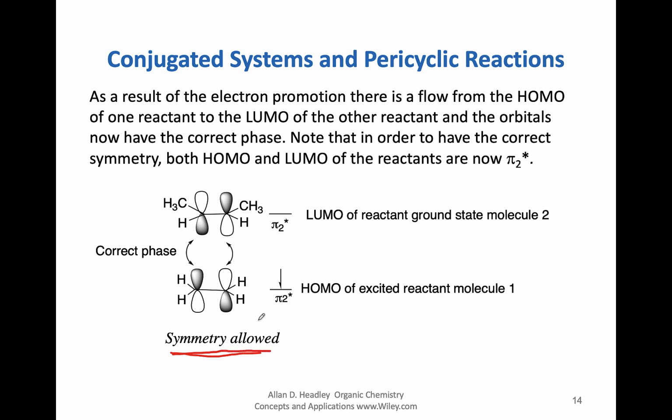The key, however, is that we must supply energy in the form of light of a specific wavelength to convert the HOMO of one of the molecules to the LUMO by excitation, taking one electron from the HOMO into the LUMO to create a new LUMO, a new HOMO.